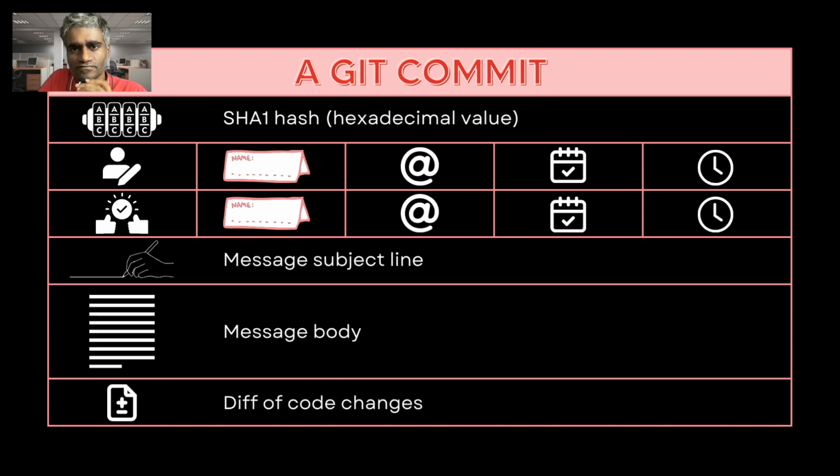A diff of changes to the code or text, which can be any combination of the following: added, changed, or removed lines of code, renamed, that is, moved files, newly added files, changed files, or deleted files.